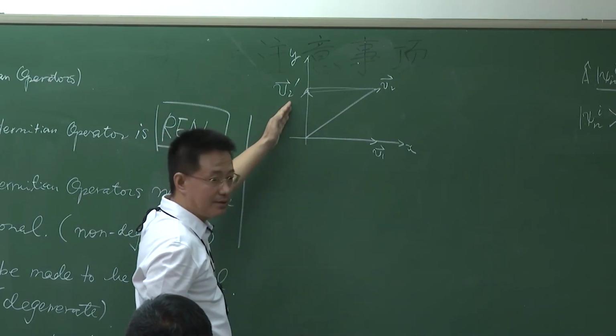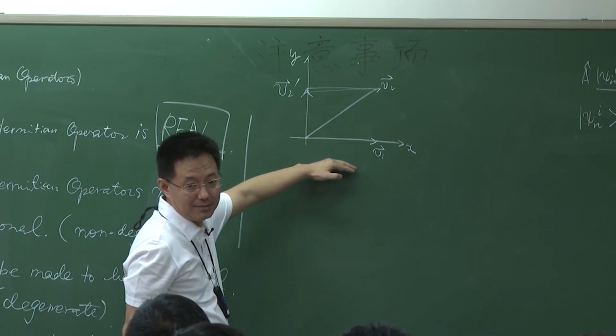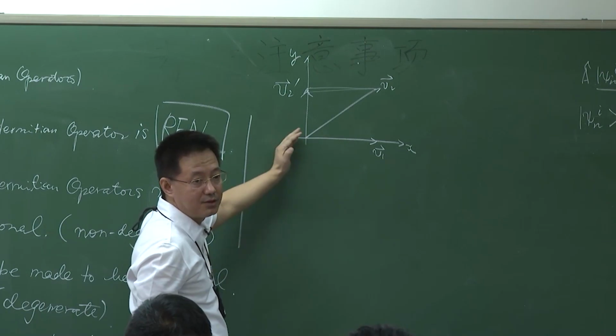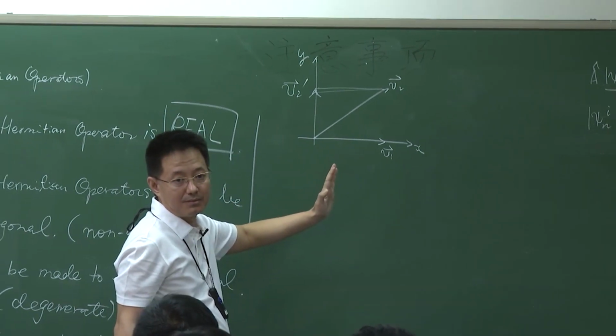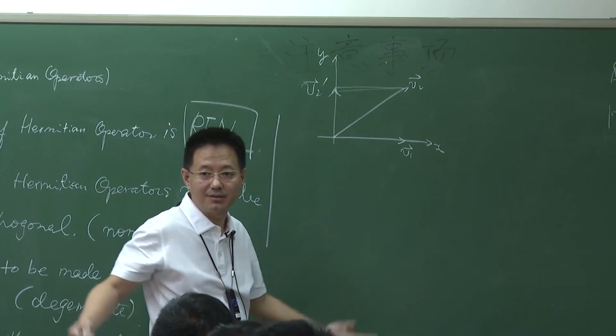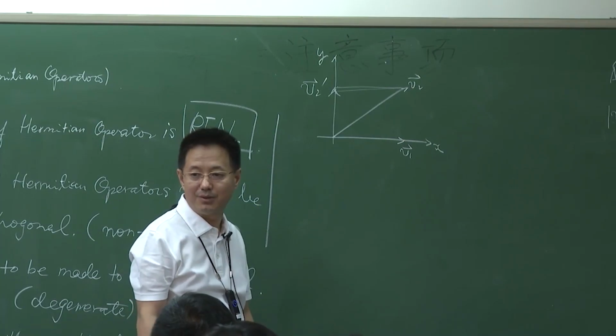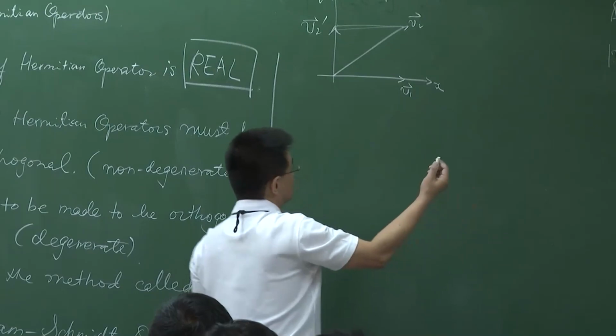And V2 prime now is perpendicular to V1. So V1 and V2 prime form a new orthogonal basis. That's the basic idea for the Gram-Schmidt. That's it. It's just so simple. And how to do that? Let me show you that.